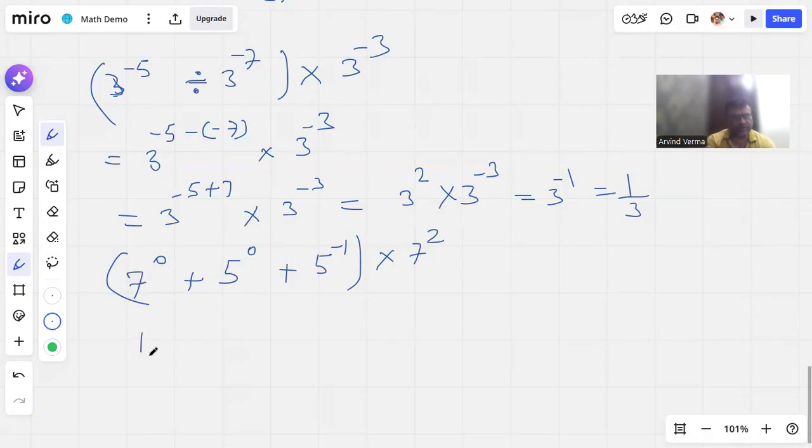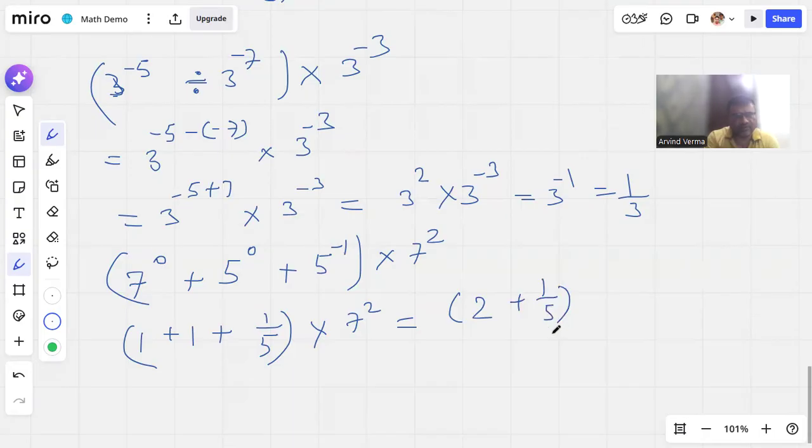So we will write 1. 5 raised to the power 0 is 1. Plus 5 raised to the power minus 1 is 1 upon 5, into 7 raised to the power 2, that is 2 plus 1 upon 5 into 7 square is 49.